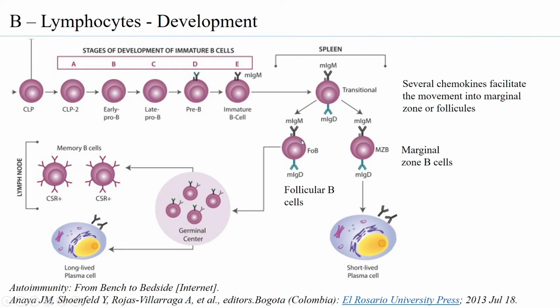But what can definitely happen is that the type of antibodies released by the plasma cells need not be just IgM. It differentiates to give rise to different types of antibodies as well. For example, follicular B cells assemble within a germinal center.